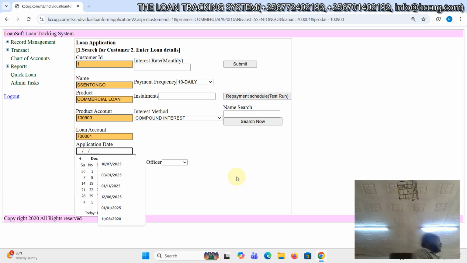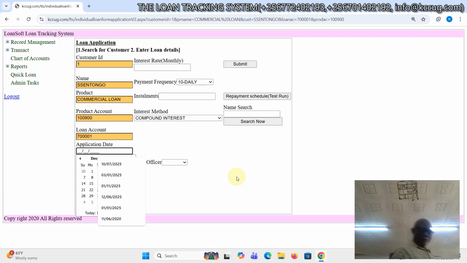Okay, yeah. So that is how we do the continuous, such that you can study the nature of operation of a member. Okay, how his repayment behavior is.